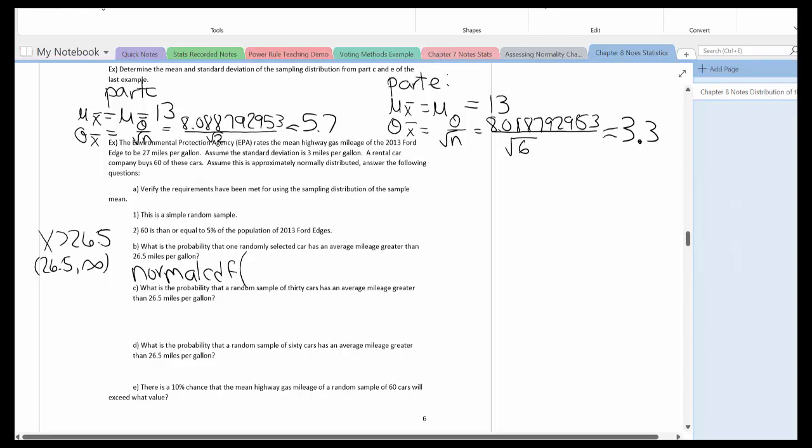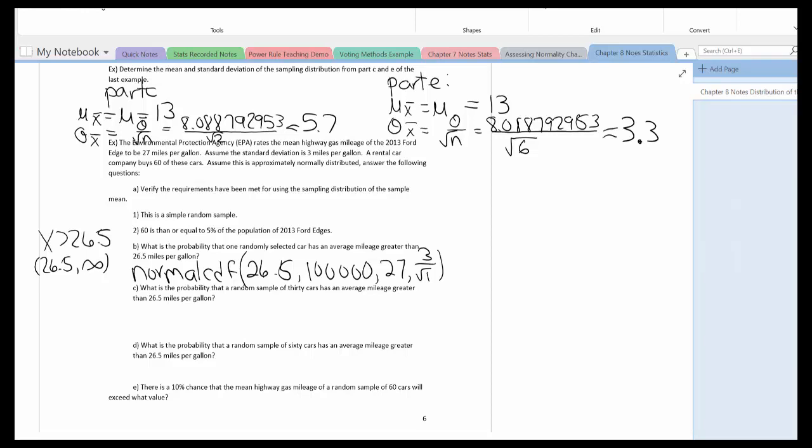It'll start with 26.5, then 100,000, the mean, which is 27, and now the standard deviation changes. It's the population standard deviation divided by the square root of n. Well, n in this particular case is 1, so it would be the square root of 1. So this is exactly what you would put into the calculator.